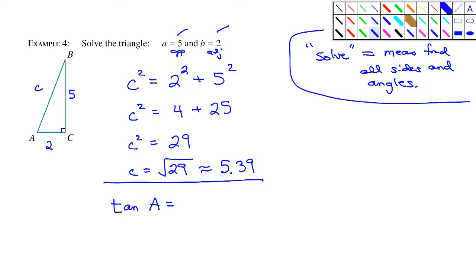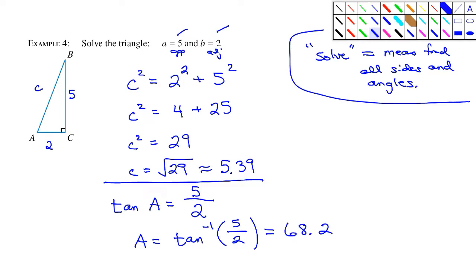So this will give me the most accurate answer going forward. So the tangent of A is the opposite, which is 5, over the adjacent 2. And then to solve for A, we just take the arctangent of 5 halves. And that gives us 68.20 degrees.